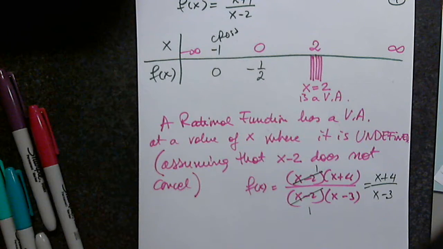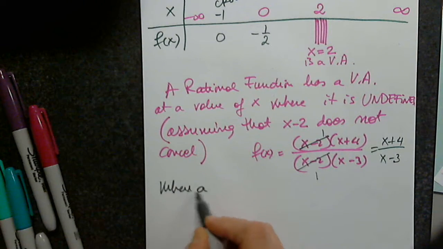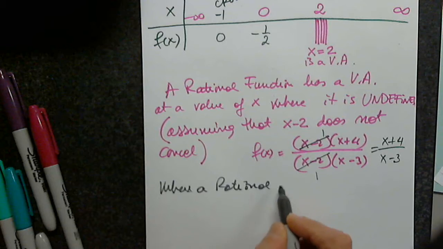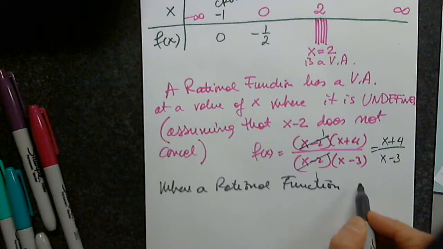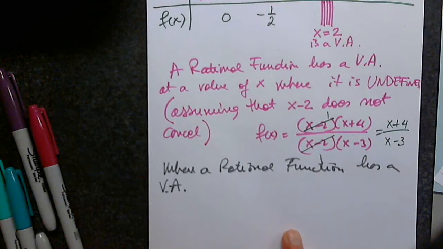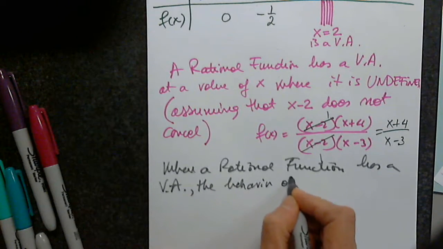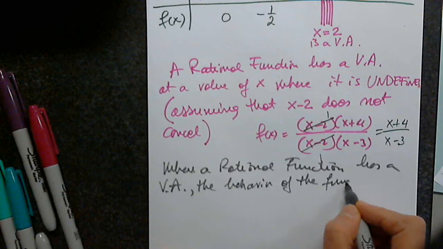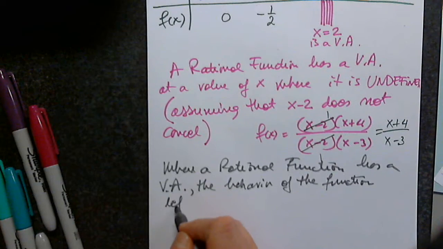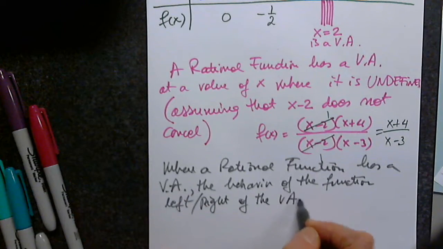Now, I also have to mention here, when a rational function has a VA, the behavior of this function left and right of the VA is what? The behavior of the function left, right of the VA.